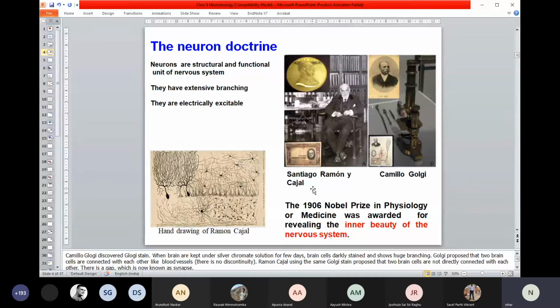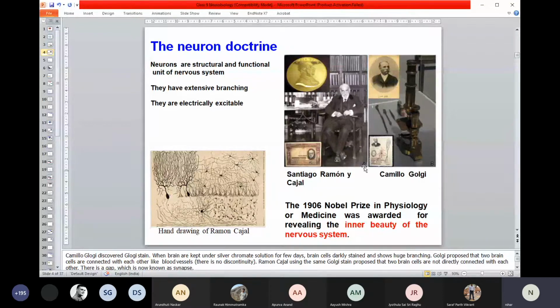But Ramon Cajal said no, that's not correct. Two neurons are obviously connected with each other, but in between there is a close gap, a very, very close space.